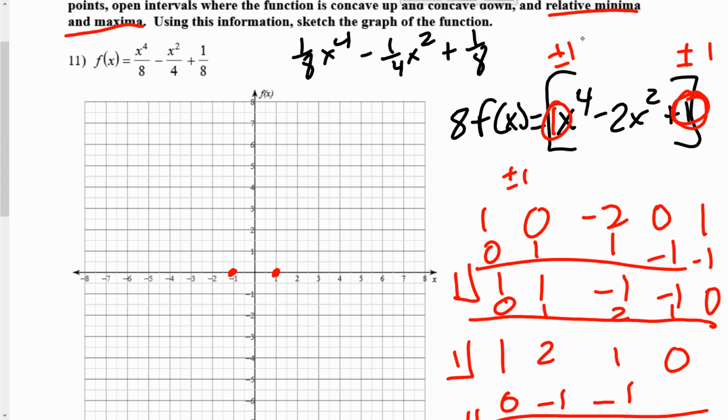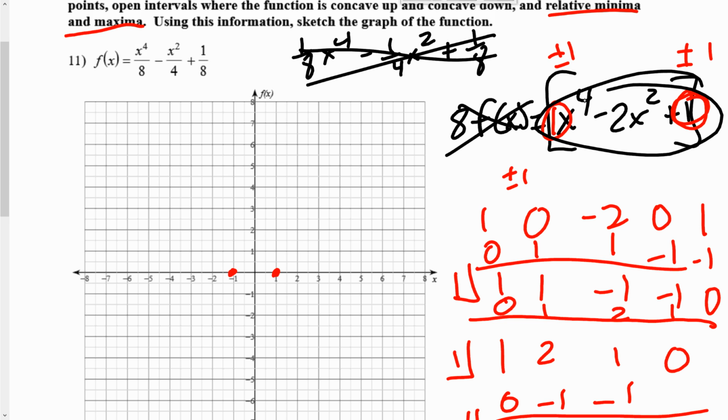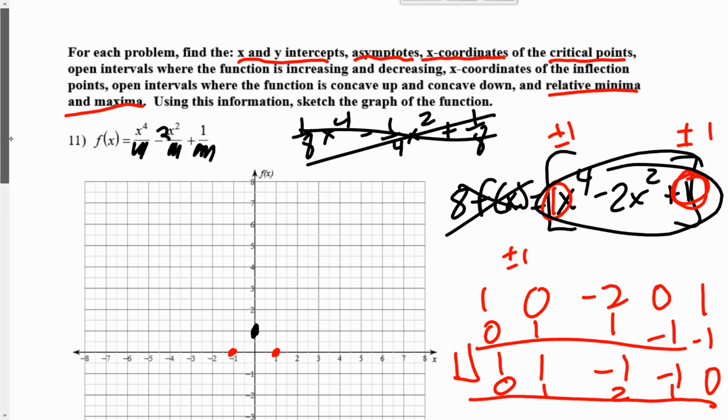So really I'm just doing this problem, this one right here, just erasing that and putting a 2 in front of that. So that's really what I'm doing here, just to make it easier on myself. And then I can go ahead and plug in 0 for x and I get 1. So there's my y-intercept.